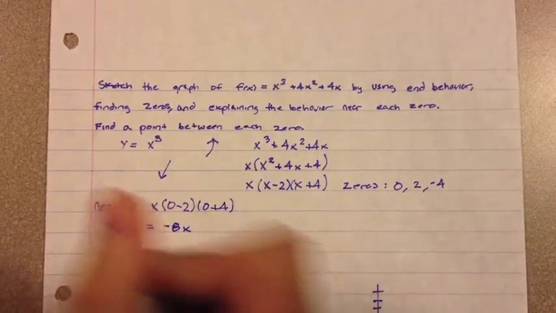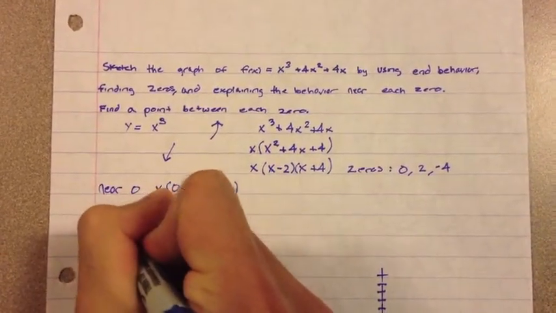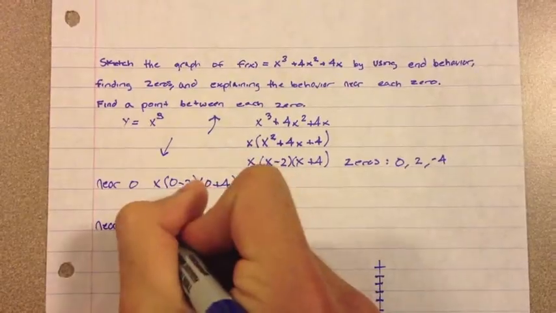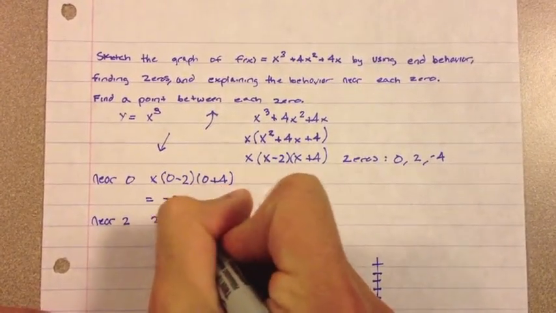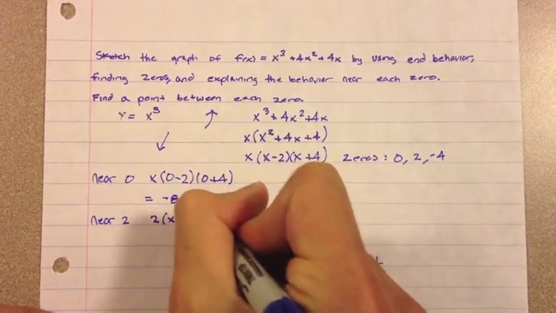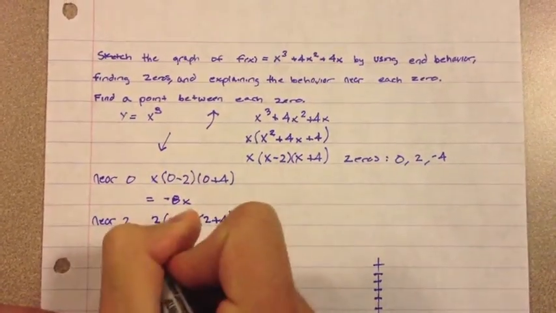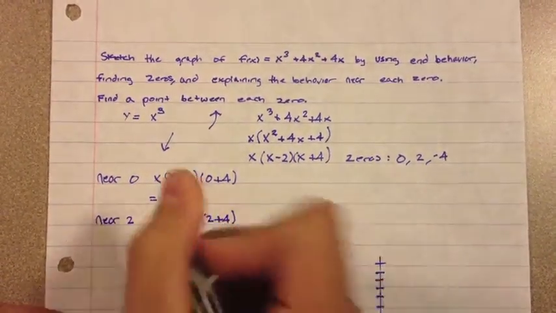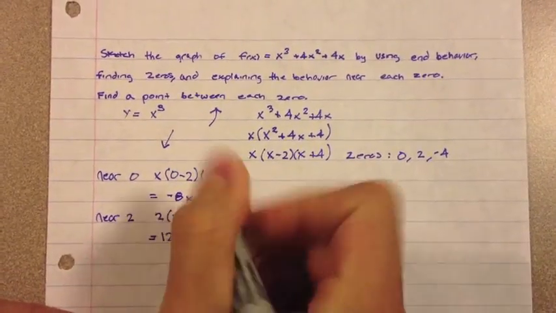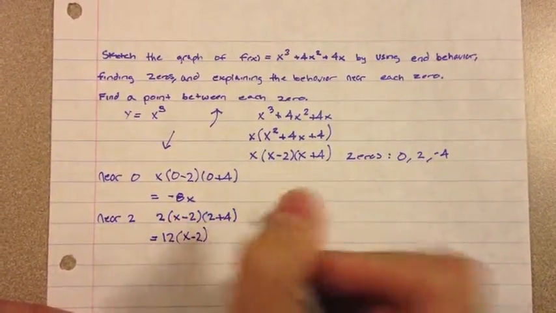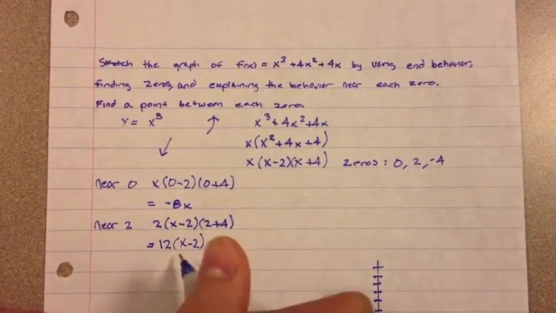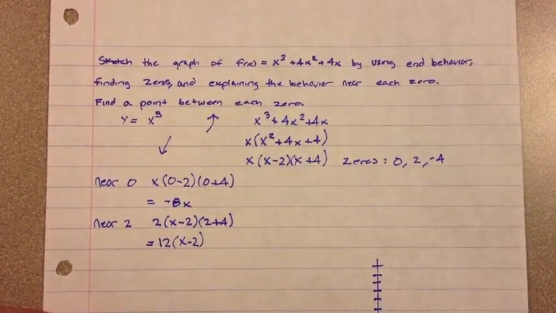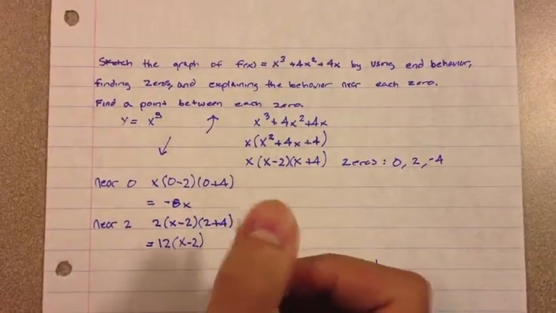And then behavior near 2, you do the same thing, plug it in to everything except its own factor. And then the behavior near 2 is 12(x minus 2). So it's going to have a slope of 12, and then it's going to cross through 2 at the x-axis.